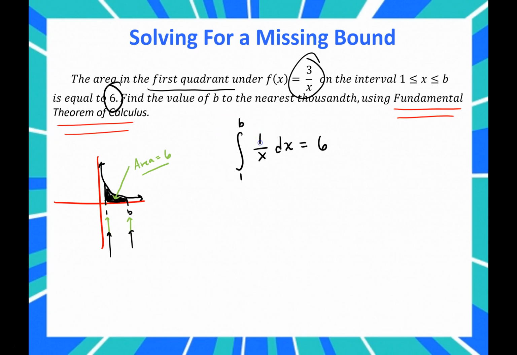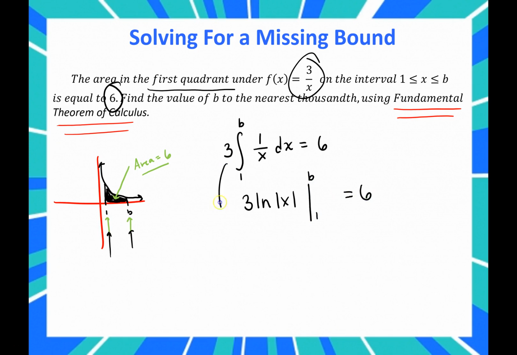So now I'm going to integrate. And I know that the integral of 1 over x is ln absolute value of x. And of course, I'm going to put my 3 back in there, evaluated from 1 to b, and that's going to be equal to 6.